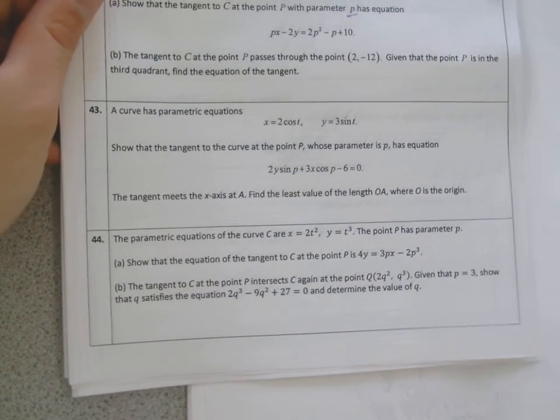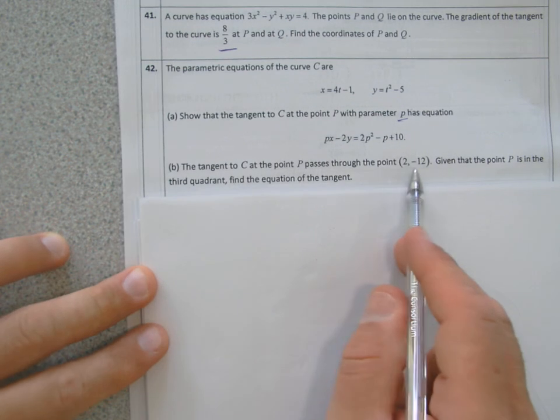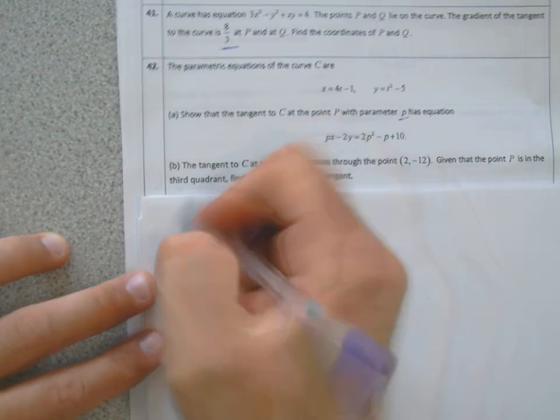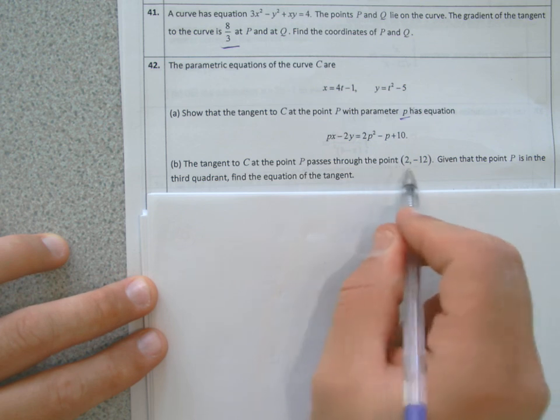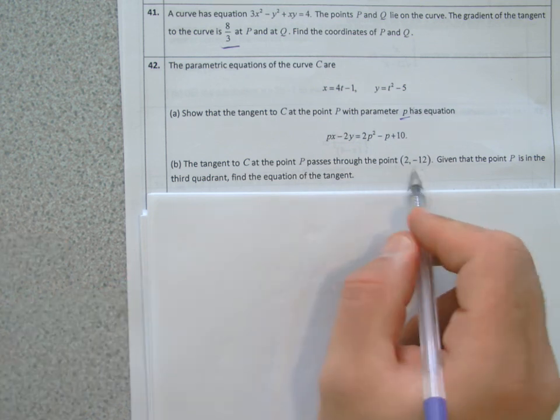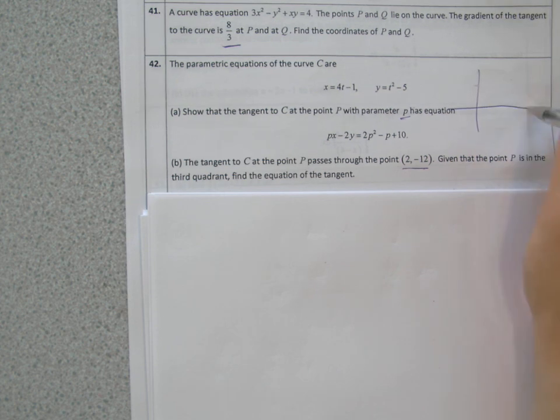So the tangent passes through this point. This isn't point P. You've got this curve, some sort of curve, and then you've got your tangent at P, and it's saying that it passes through this other point.